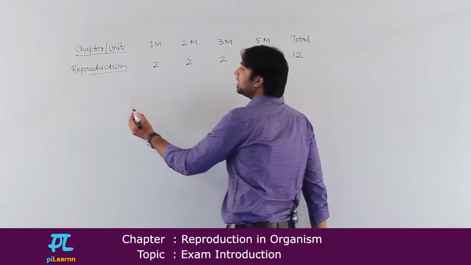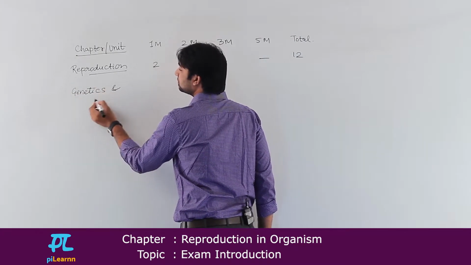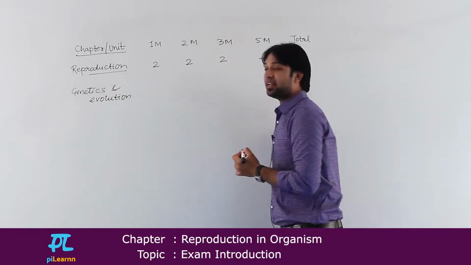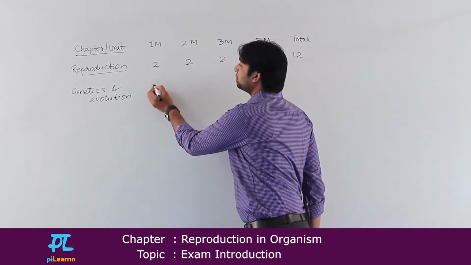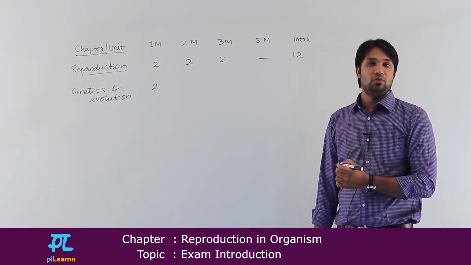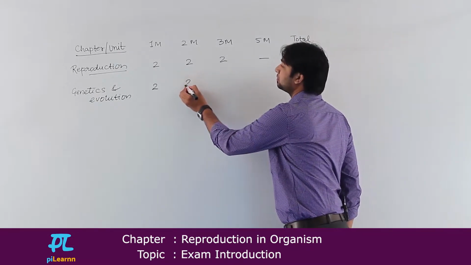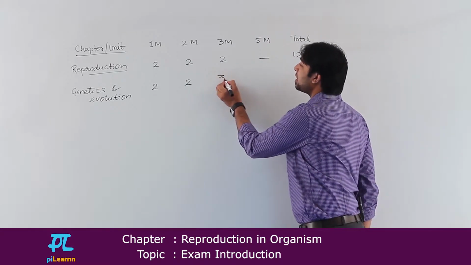Second is genetics and evolution. The 1 mark questions will be 2, along with that 2 mark questions also will be 2. 3 mark questions will be 3. There are 3 mark questions in that.